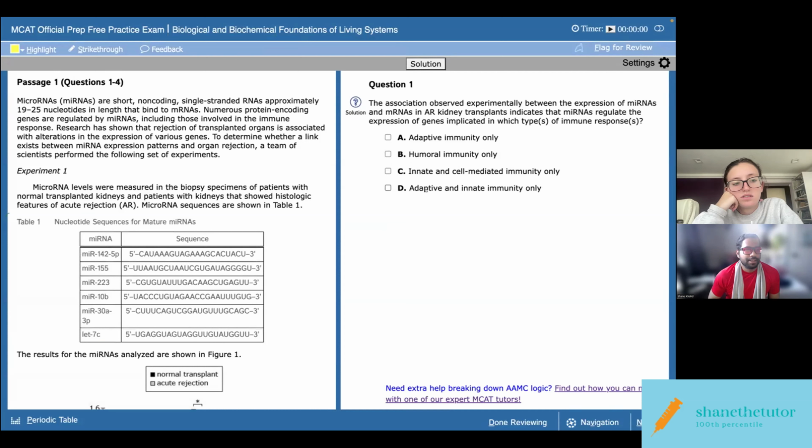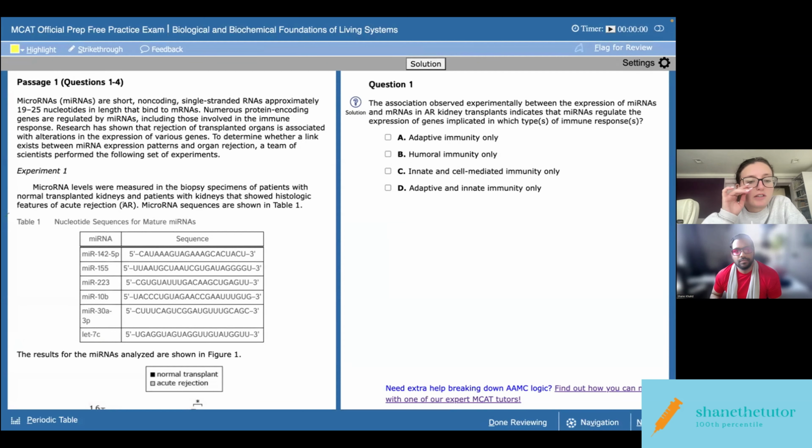So I would think about how this can work to stop the expression of something, right? But you can continue.